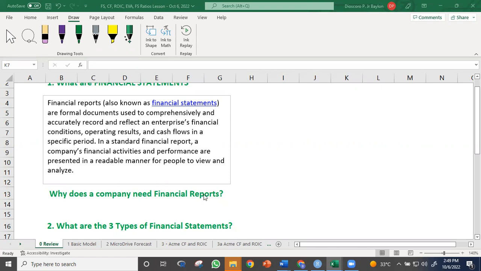So one of the ways to answer this question is to look at who are the users of financial reports.